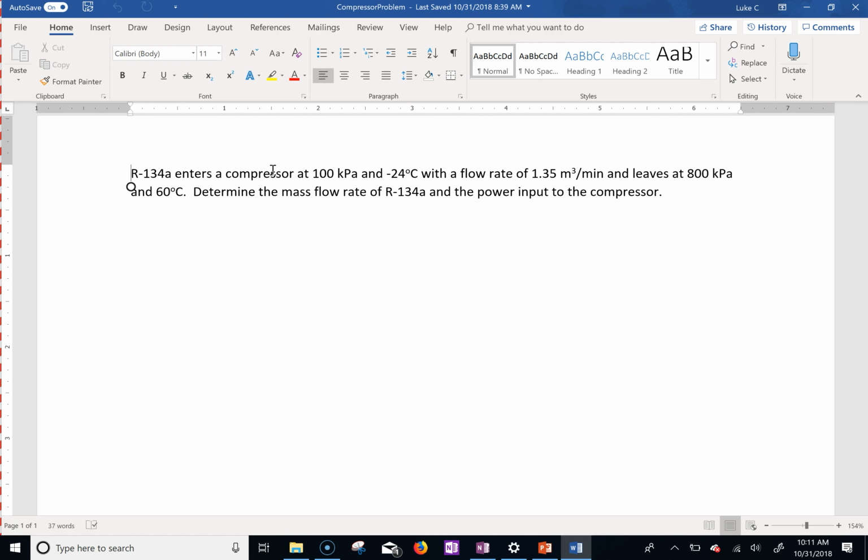You can use the theoretical calculations that we're going to find now to figure out the actual power input that you need. Once you figure out this power input, you need to figure out how it's going to be driven. You might need a motor, so you have to size the motor. That's what they use all this for.